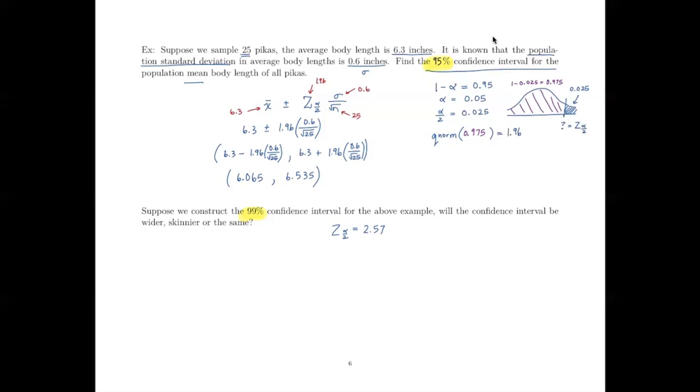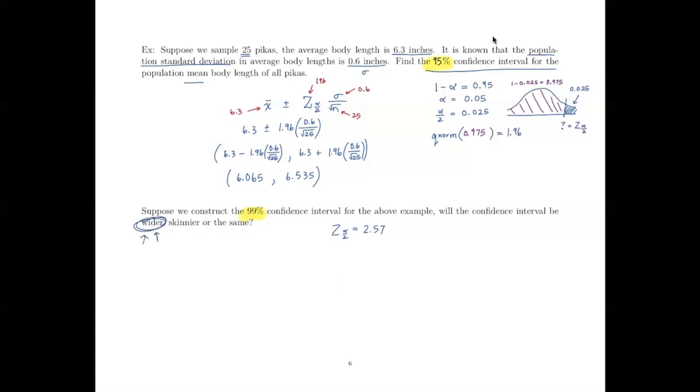So if that number gets bigger, that means the margin of error is going to get bigger, which means that we're going to be subtracting off more and adding more, which means that ultimately my interval is going to get wider. Wider. That's the right answer.